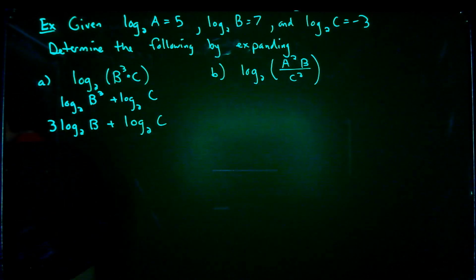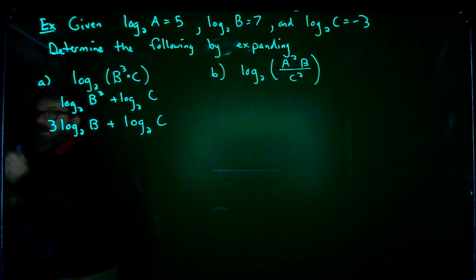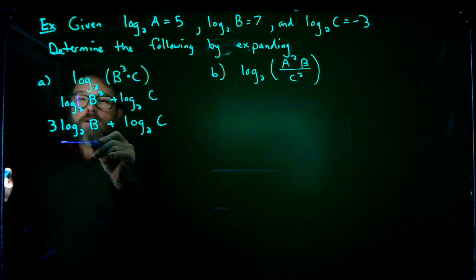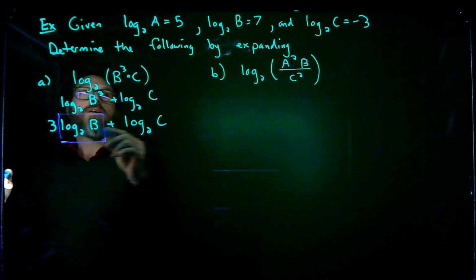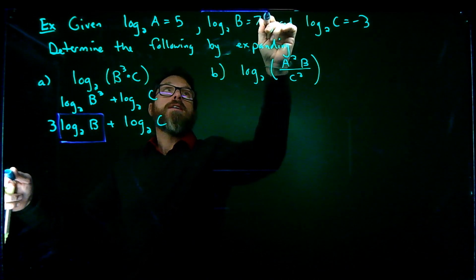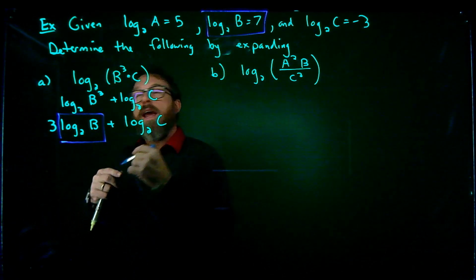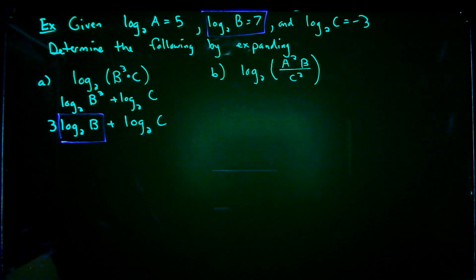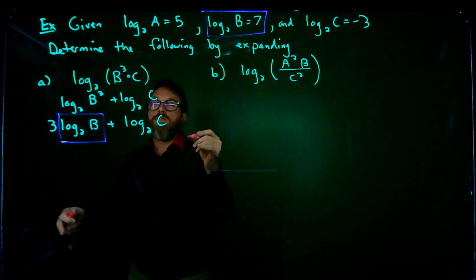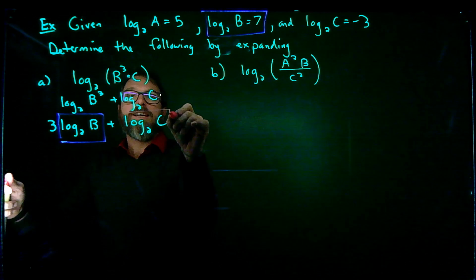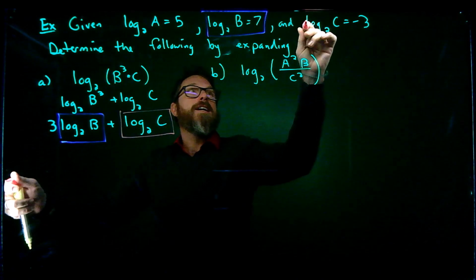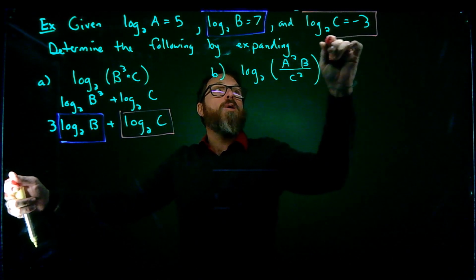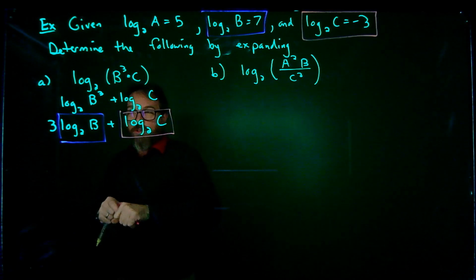So now what we have here is, I know that the log base 2 of b is 7. And then similarly, I know that the log base 2 of c is equal to -3. So I can make direct substitutions here.